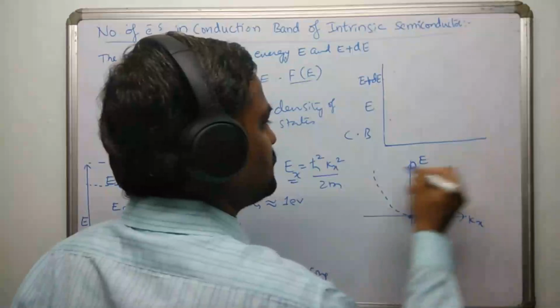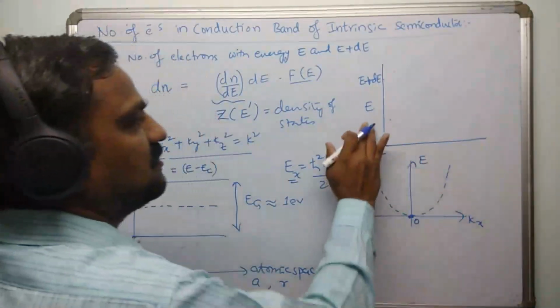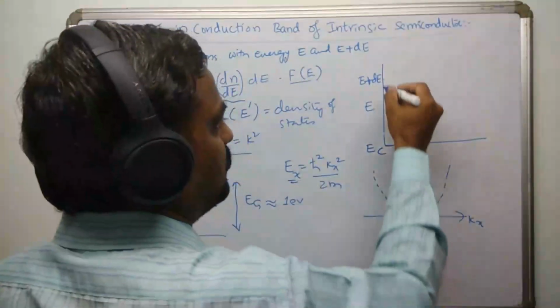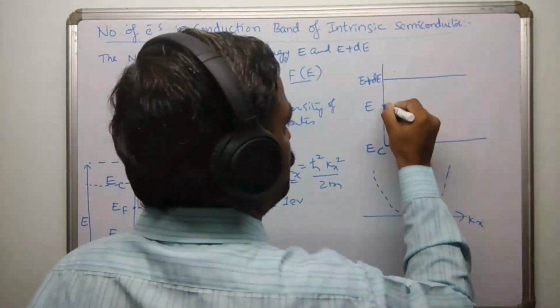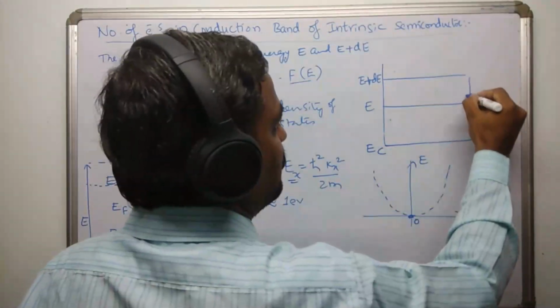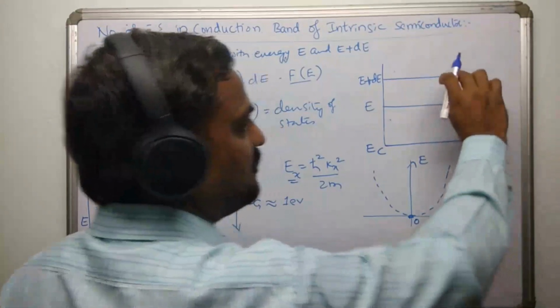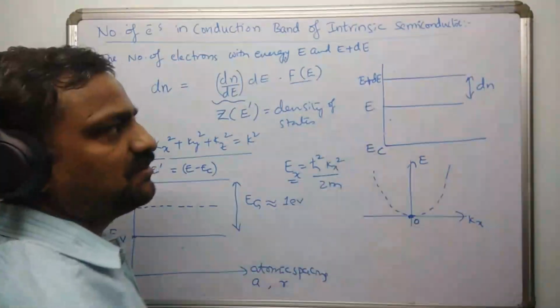If we take this level as EC, this entire thing is going to be the conduction band. And here what we did is, we calculated the dn, the number of electrons lying within a small energy gap E to E plus dE.